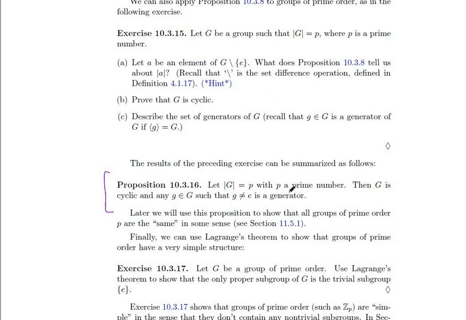Why does this follow? Because we know that g to the p is equal to the identity, so the order of g is going to be equal to p.